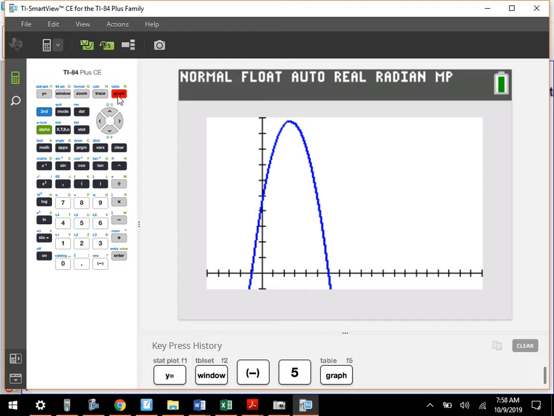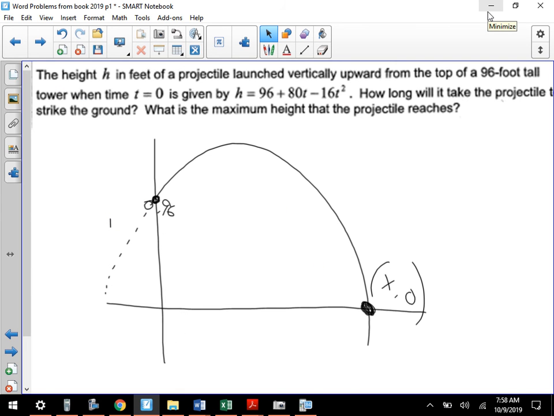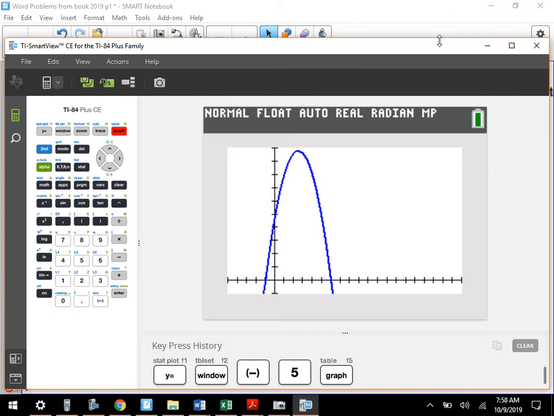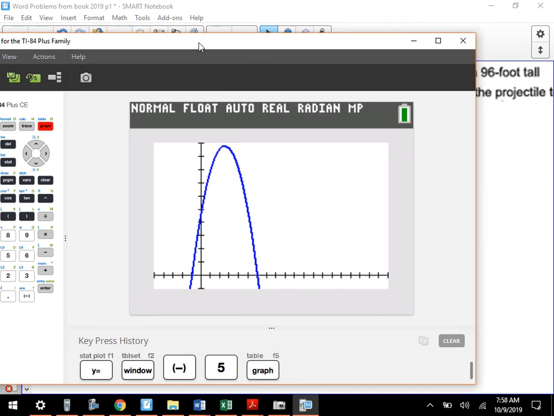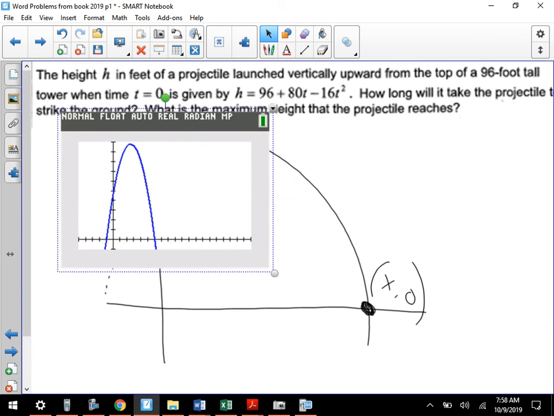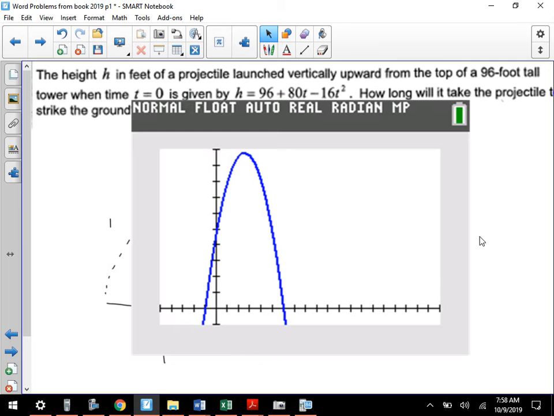All right. So now what we're doing here is we're trying to figure out, I'm trying to minimize this a little bit. So at this point, our graph looks like this.